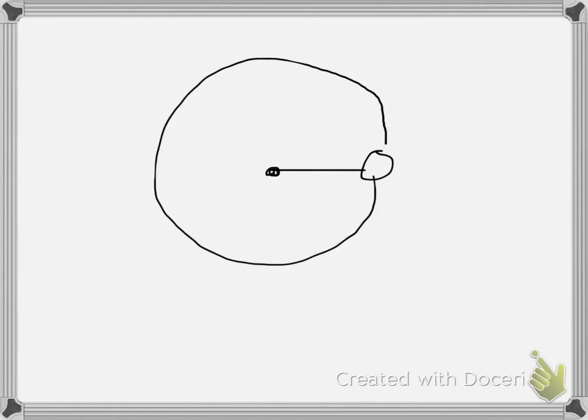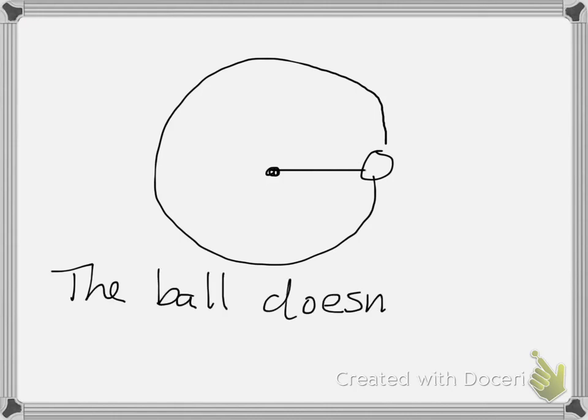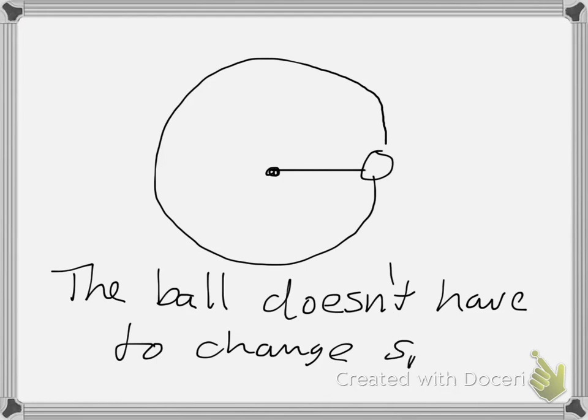And that's no surprise. But the issue with centripetal acceleration is the ball doesn't have to change speed. The ball does not have to change speed for centripetal acceleration to occur.